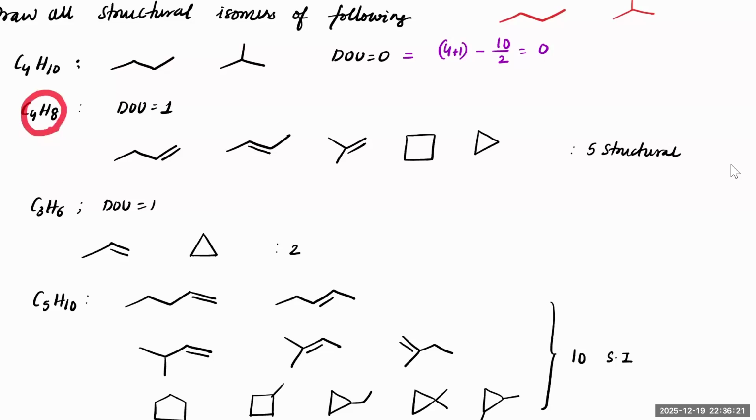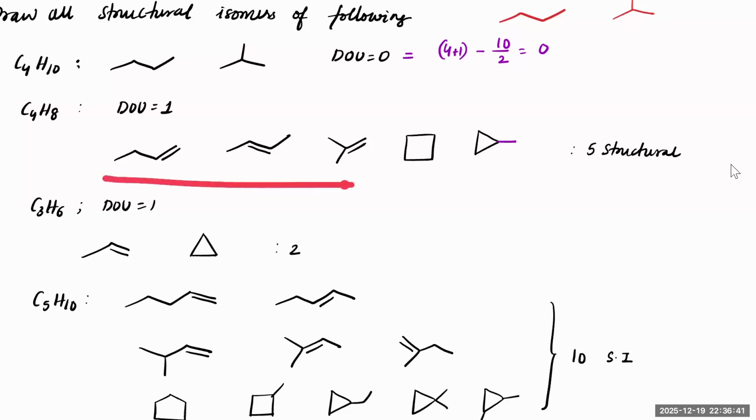Next, C4H8 means the degree of unsaturation is 1. Now, one pi bond can be arranged in so many ways. You can see one here, one like this. One I can make a cyclic structure, and one a cyclic structure like this with one methyl group. So how many structural isomers am I getting?